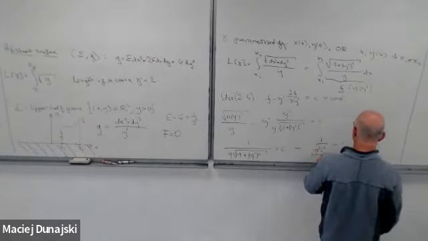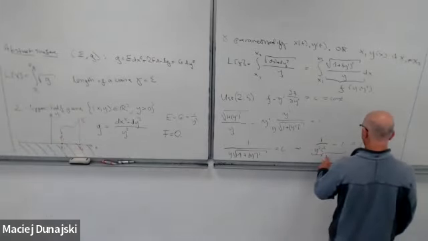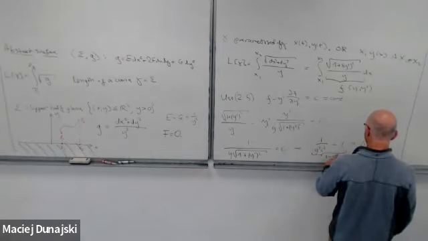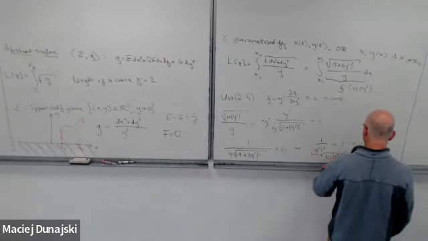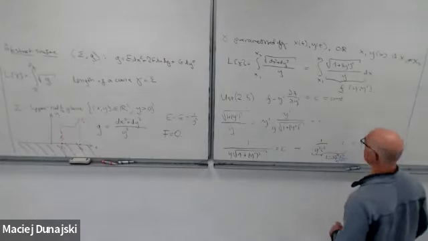And this I could write as 1 minus y squared c squared over y squared c squared. Right.